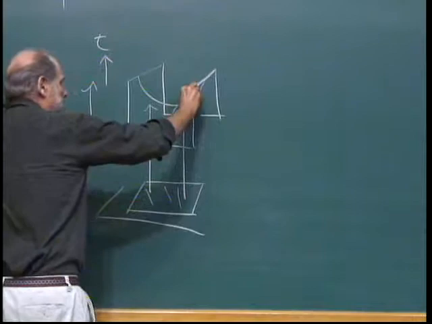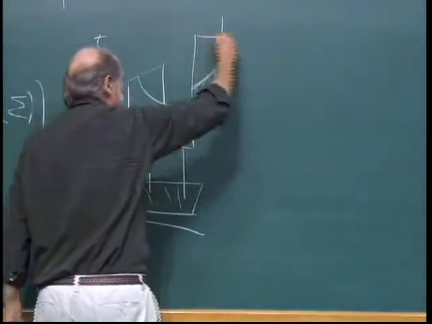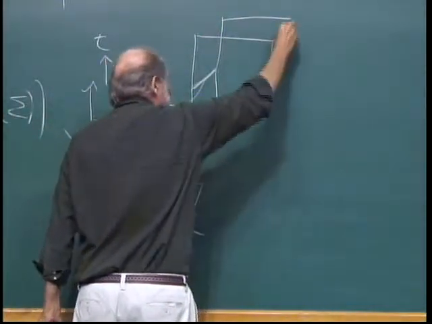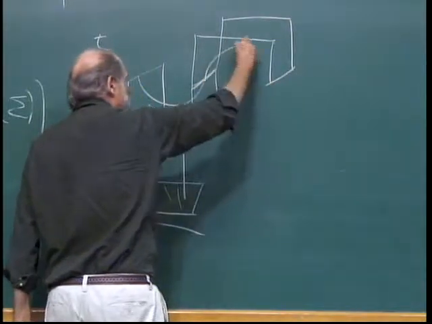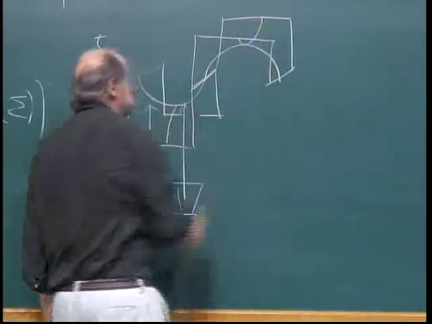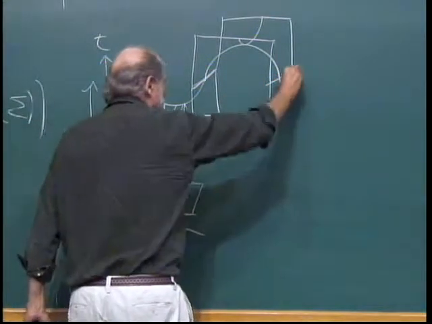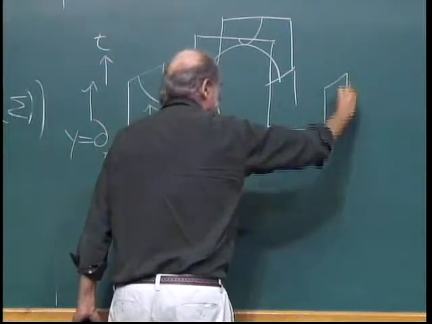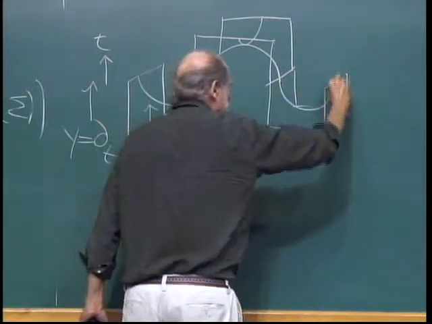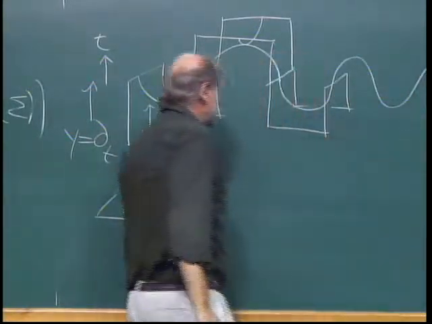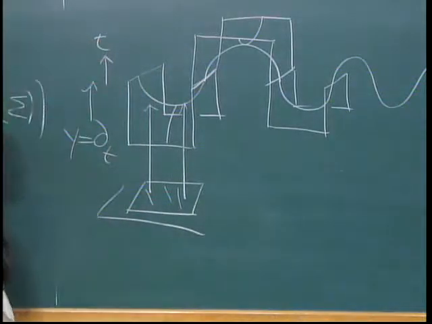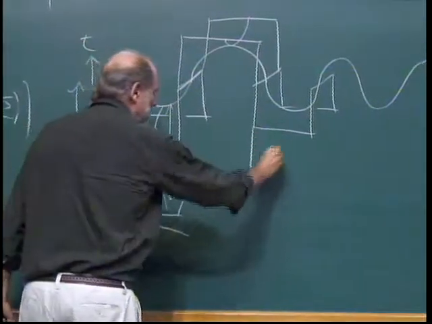And Schwarz reflection says that this minimal surface extends smoothly across that edge. So you can keep on going. Here's another edge. You can extend smoothly across that. And Schwarz was able to construct many, many interesting minimal surfaces by doing this.